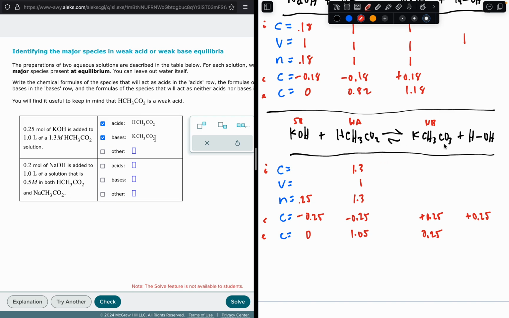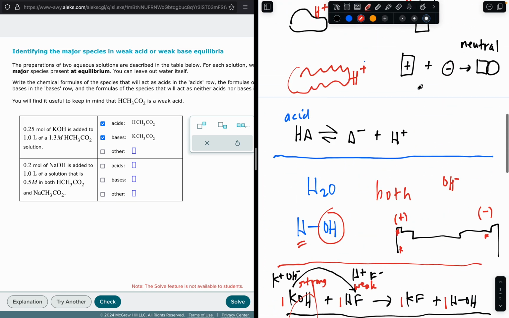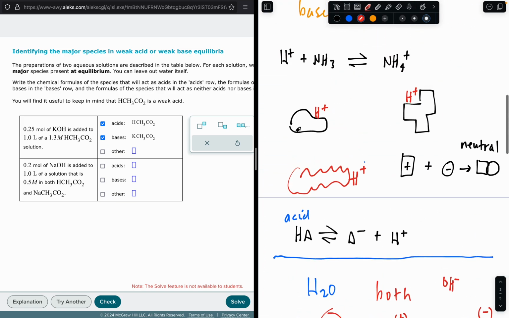So why is KCH3CO2 a base? That's kind of where I get really tripped up, differentiating a base. It's because we had up here in this conversation earlier, if you have something on here and it's got an H plus on it, it's an acid.